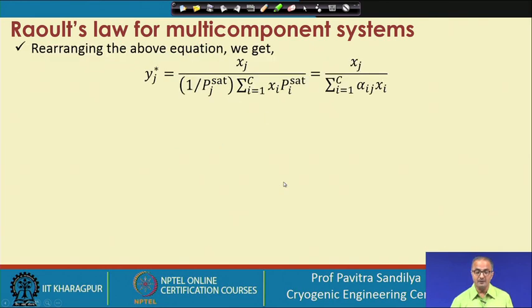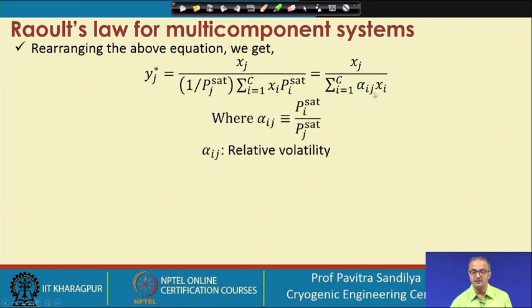Now, we rearrange the equation slightly and divide by Pj sat and write it for all components. When we do this, we have a new variable, the relative volatility, which is defined as Pi sat by Pj sat. This is true for the ideal system.